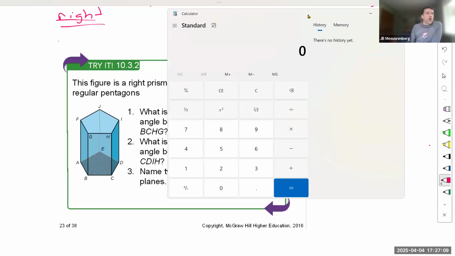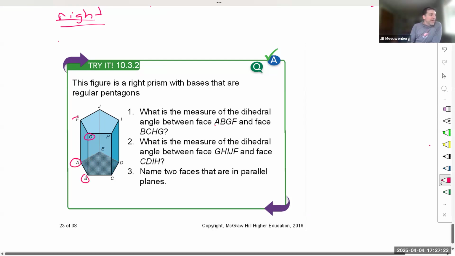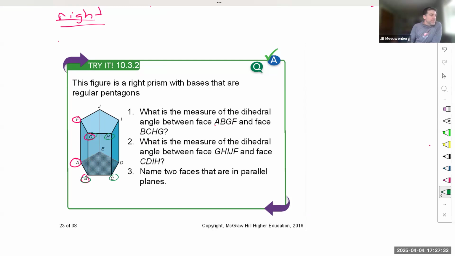This is a bit of a callback from a previous video. It says, what is the measure of the dihedral angle between face ABGF and face BCHG? ABGF is this face over here, and that is BCHG. So it's asking the measure of the angle between this face and that face.